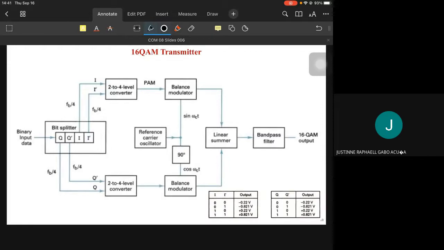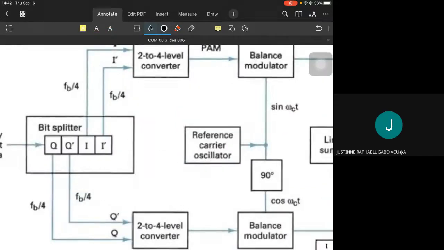So dili ni Q bar or Q prime the same sa atong naandan sa logic, no? So gamiton nako ang designation Q prime I prime, but dili necessarily nga kung 0 dire, 1 gyud na diha.